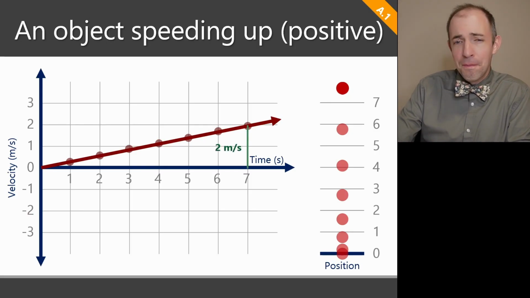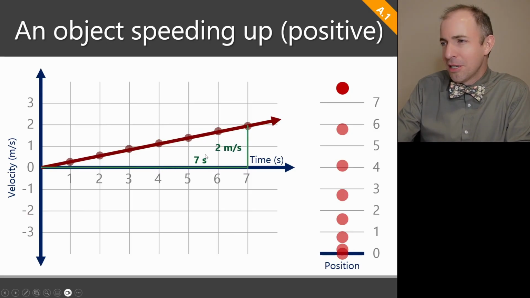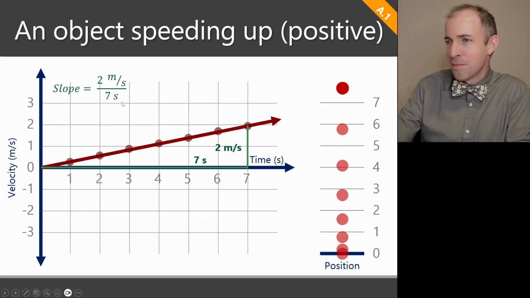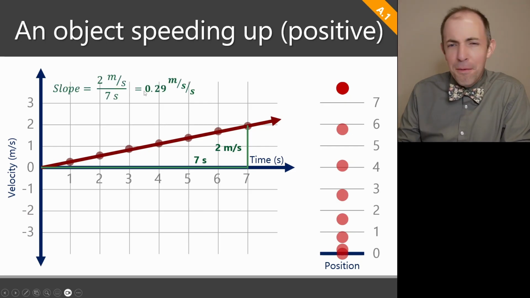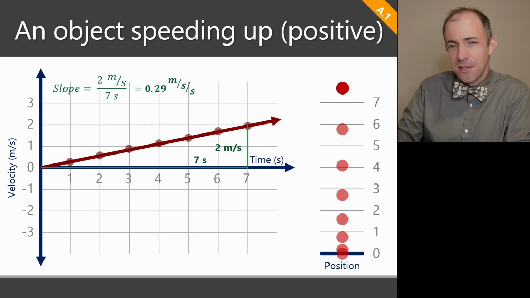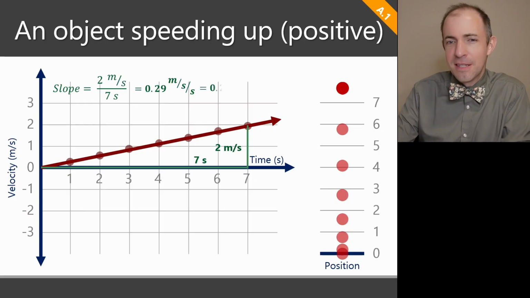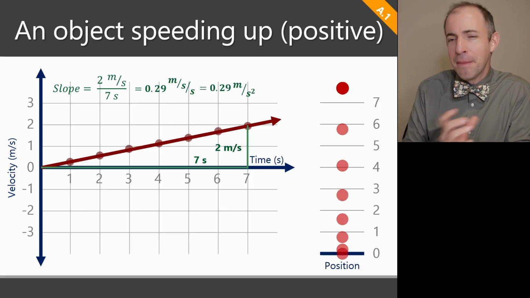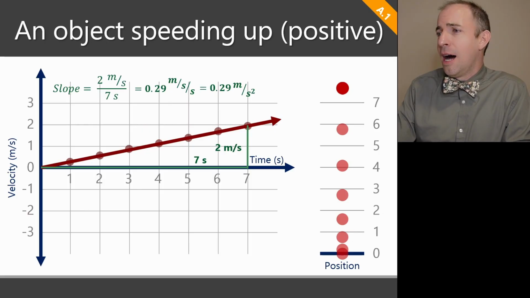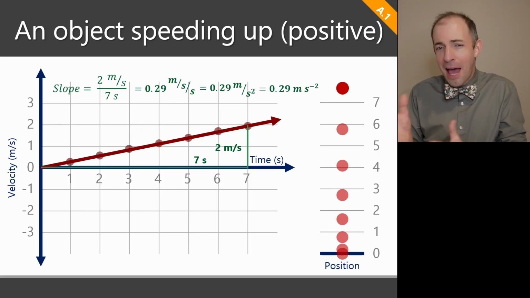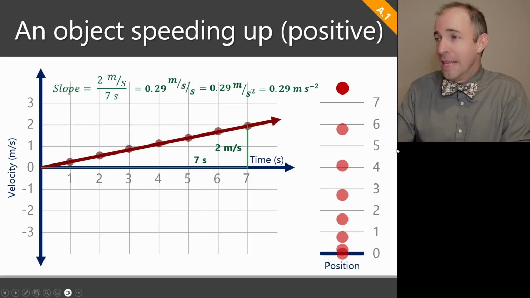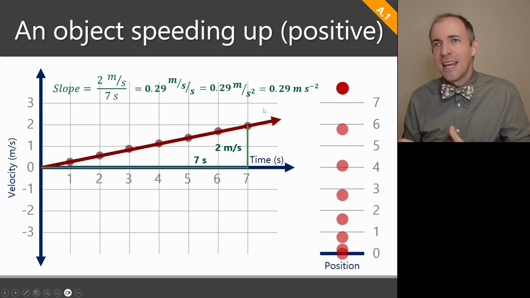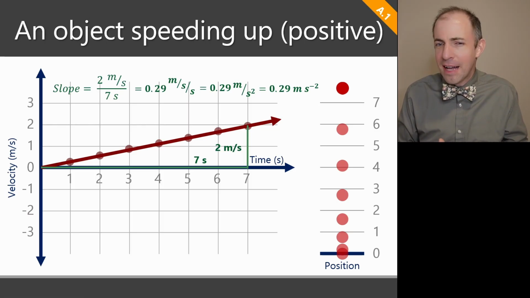I can find the slope of that and basically say 2 meters per second divided by 7 seconds, and we'll get around 0.29 meters per second per second. Or in physics, we often combine that and say meters per second squared. Or in IB physics, you might see that as ms to the minus 2. This is a number to basically say, here's how fast we're getting faster.